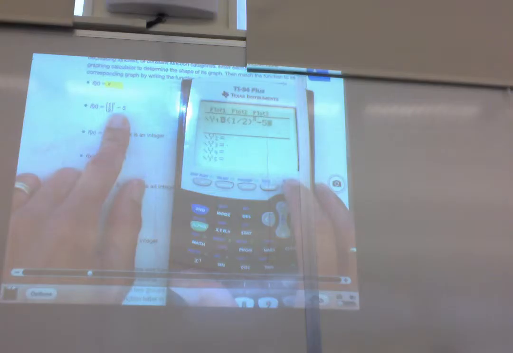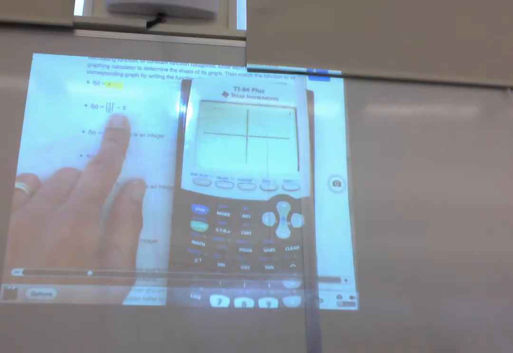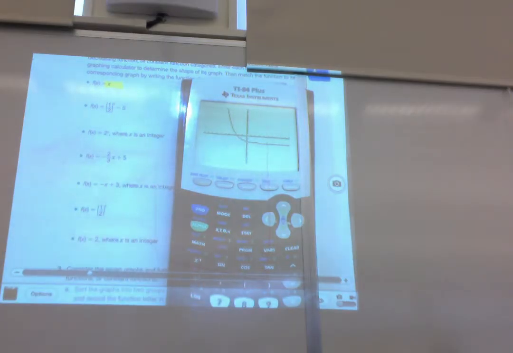Let's see what happens. Nice. Find the graph. Ours is different.